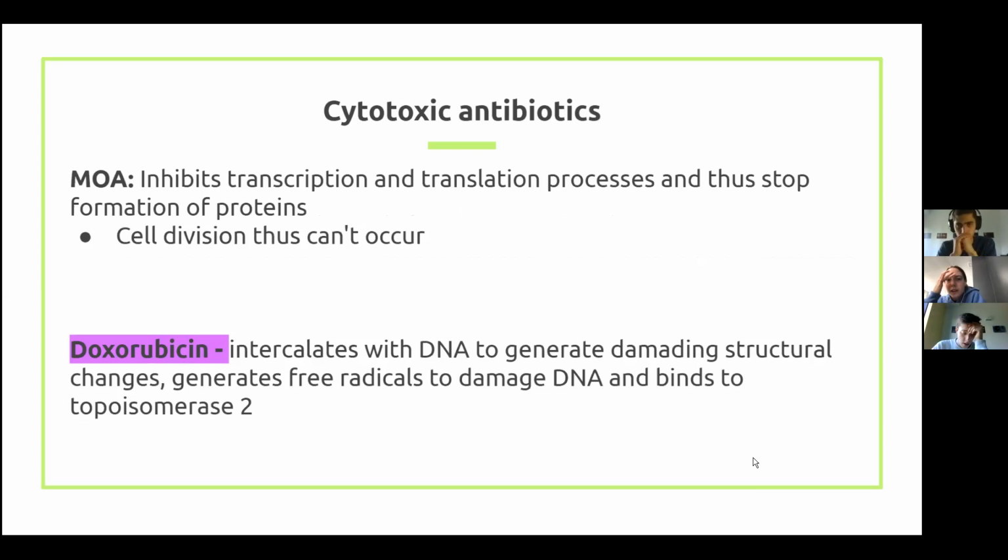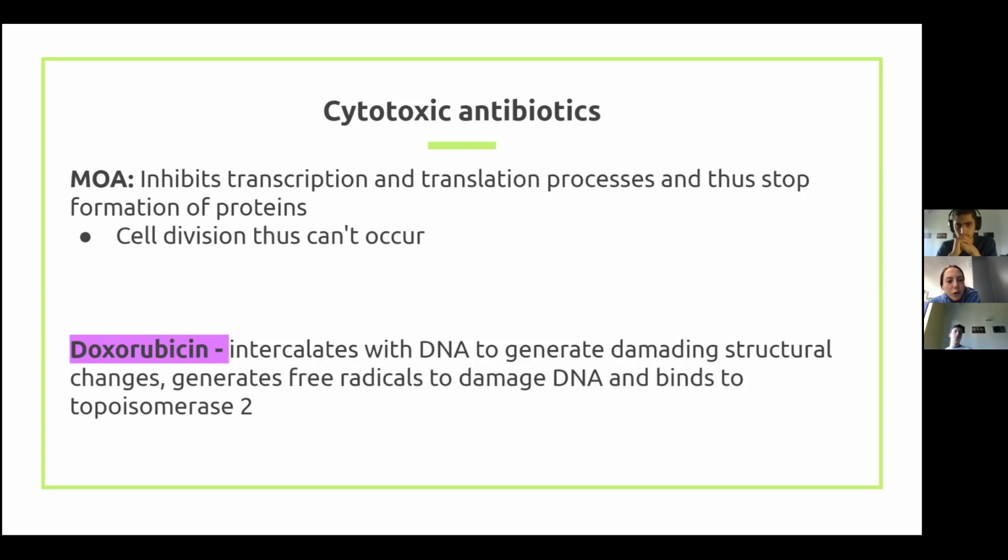Next one, we have the cytotoxic antibiotics. These could potentially be used for really severe bacterial infections, but they have such extreme side effects that they're not used. Essentially they inhibit transcription and translation processes. So the cell can't carry out functions because it can't make its own proteins.